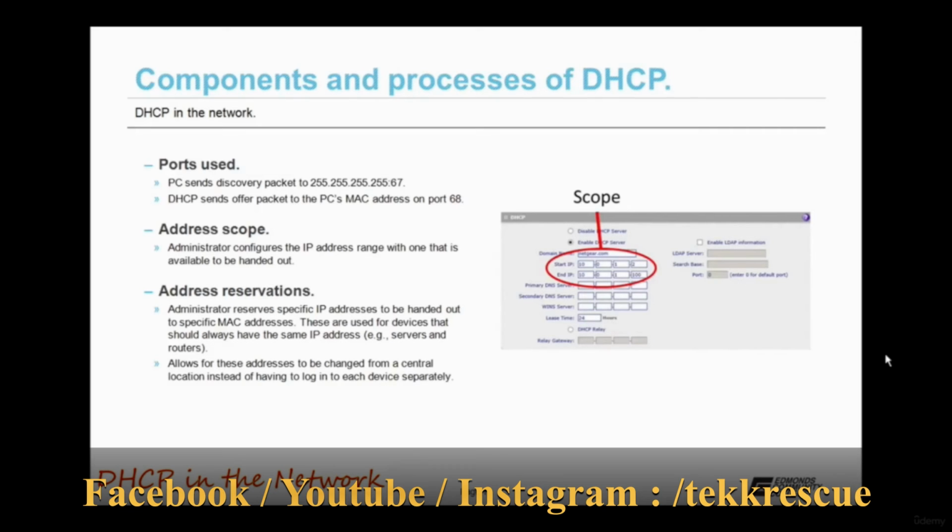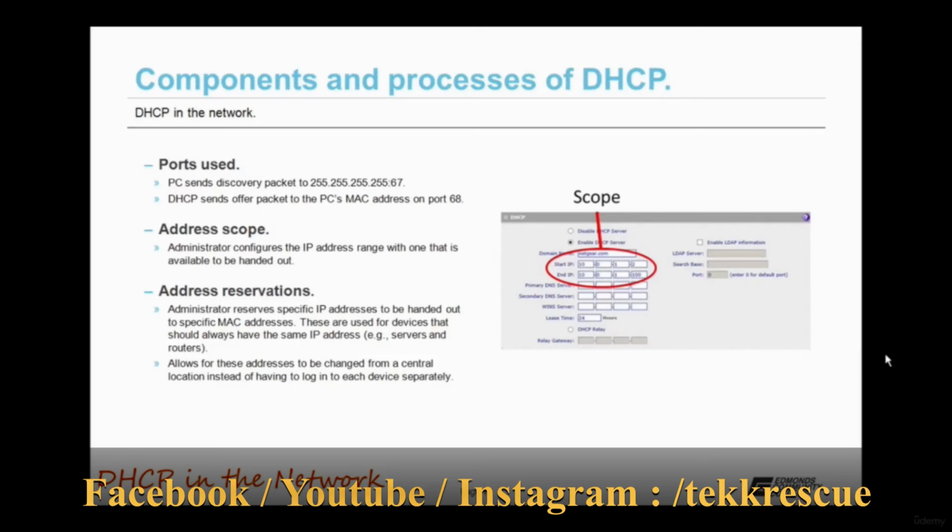When the DHCP server responds, it responds to the PC's MAC address, Media Access Control address, on UDP port 68. That's important to remember. The PC uses UDP port 67. The DHCP server responds on UDP port 68.